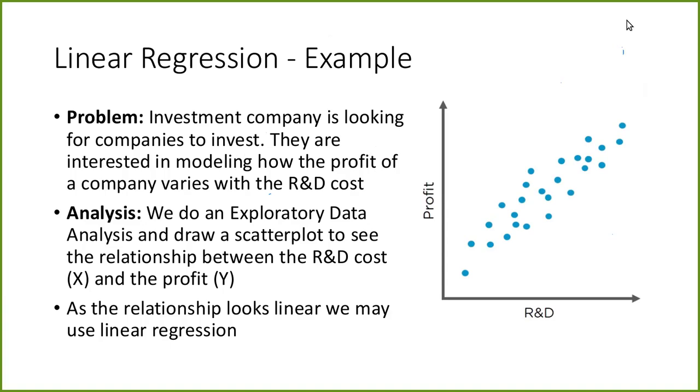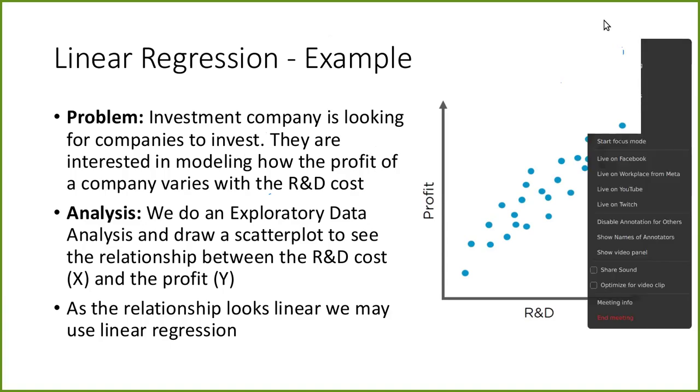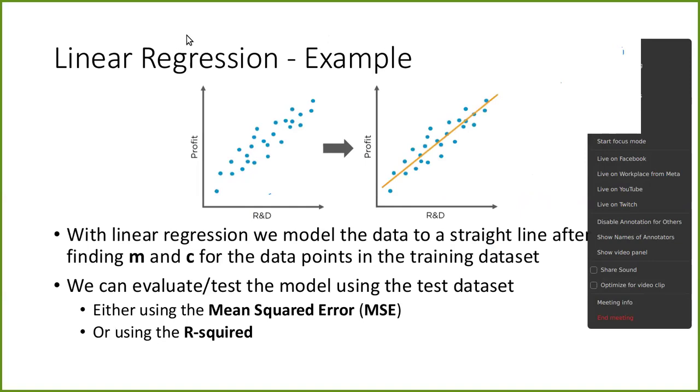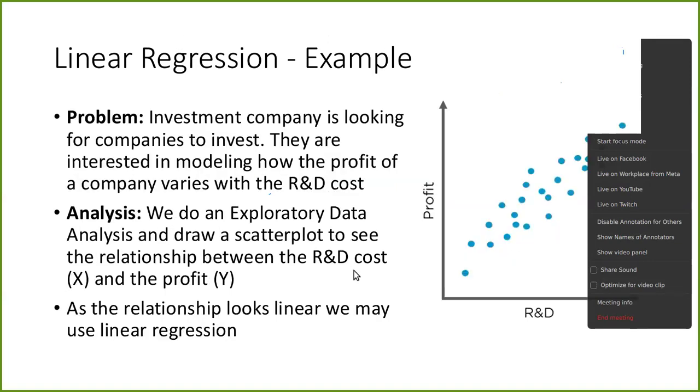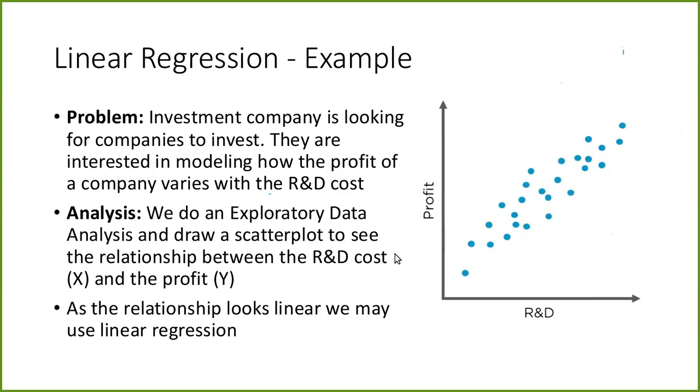So there's an investment company which is using this machine learning model, and they are analyzing the R&D cost, or the research and development cost, related to the profit for each of the companies. Like for this company, the R&D cost is this much and their profit was this much. For this company, the R&D cost was this much and the profit was given by the Y value.